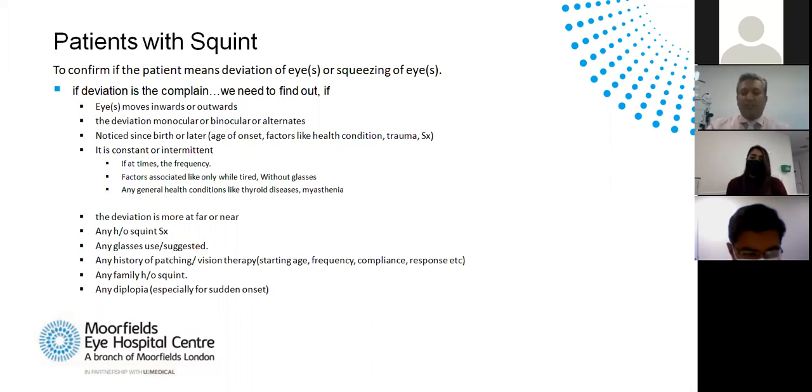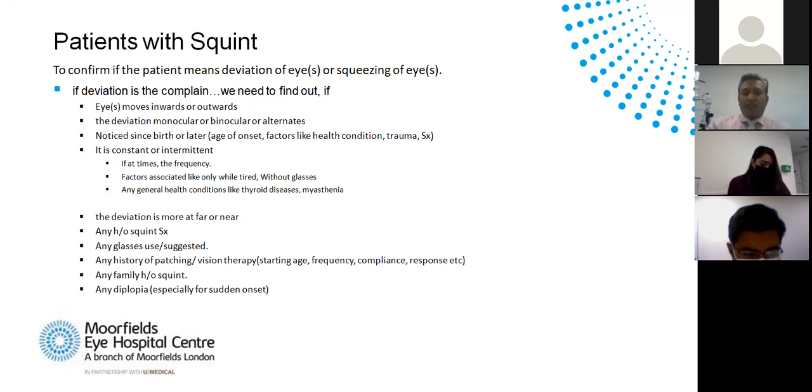Sometimes it happens that they were suggested but not used. But that history is also important, because if we have the glasses information, that may give us some idea about other conditions, or if the glasses help to contain the squint, how much, or if it was helpful or not helpful. This kind of history will be very important.